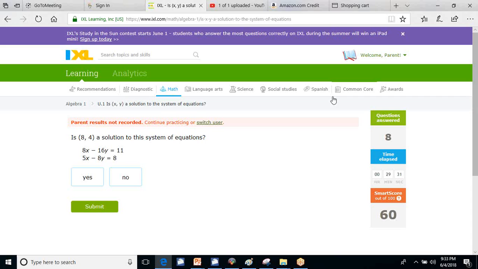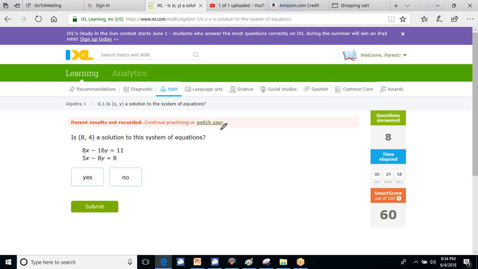So these are the two equations. 8x minus 16y is equal to 11, and 5x minus 8y is equal to 8. You do the same thing. The first thing you do, say you solve for x. So you just get the equation. So let's use this one.